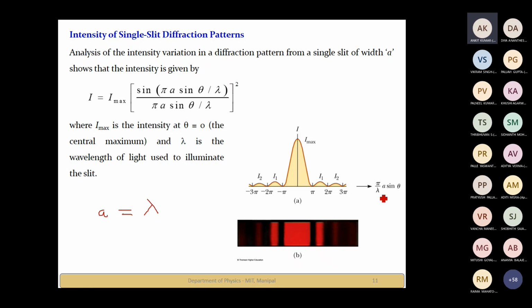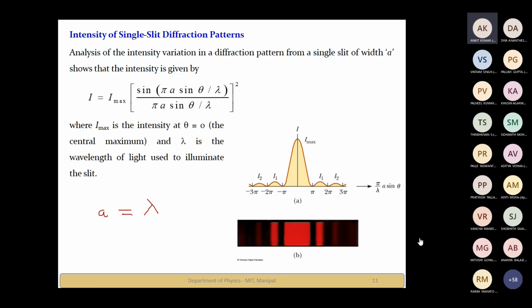This is a plot of intensity versus pi a sin theta by lambda. Somebody said diffraction will not happen. As I told, that is not the right answer because we can't eliminate the diffraction. It will be there, but how? Anyone? So destructive interference will happen.